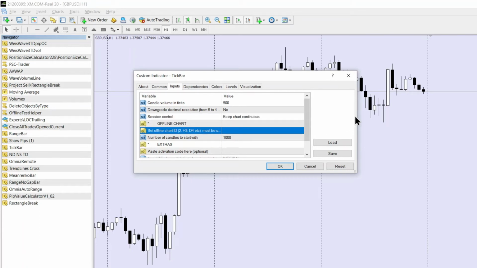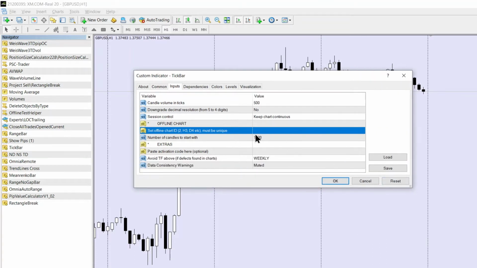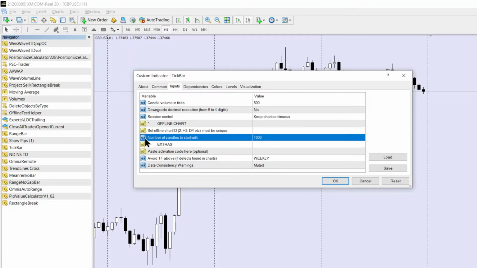Next is the offline chart setting, the name of the offline chart that we're going to open to see it. If you leave it blank, it will just create an M61 chart. We will see it. And this is the number of candles to start with, that means the number of bars of history. So I will put 3000 bars back, for example.